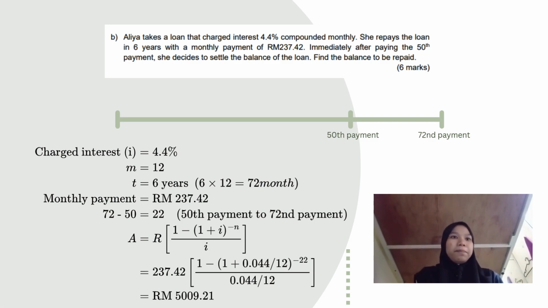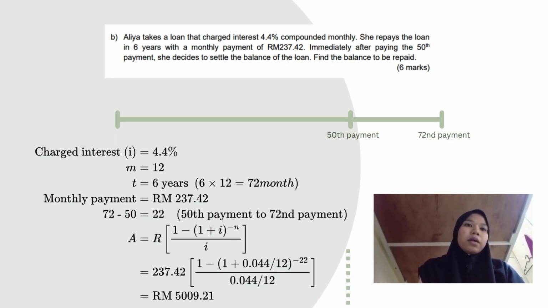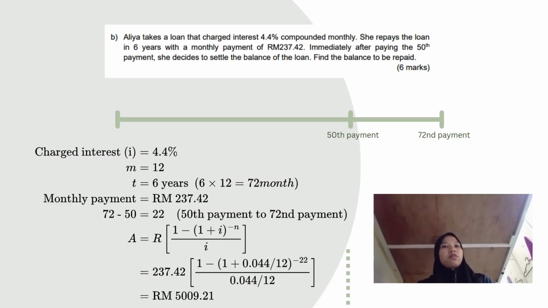Find the balance to be repaid. So interest is 4.4%, m equal to 12, 6 years. To get n, 6 times 12 equal to 72. The monthly payment is 237 ringgit 42 cents. So 72 minus 15, we get 57.